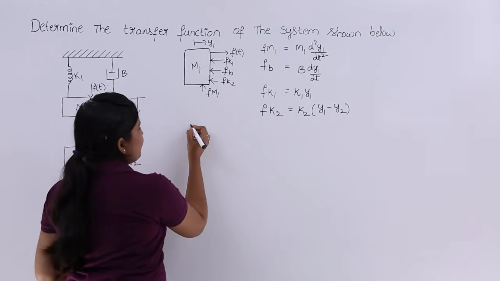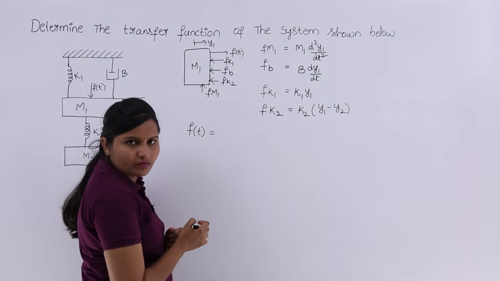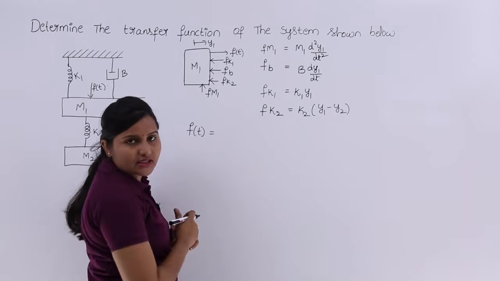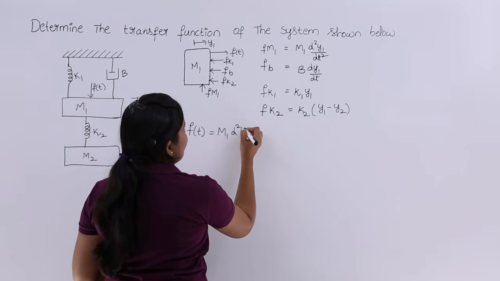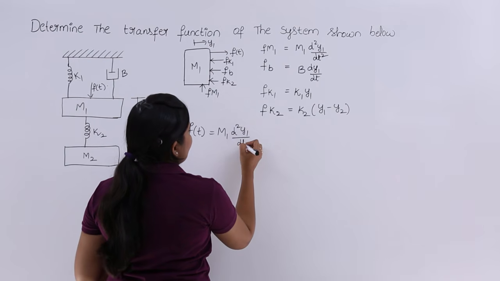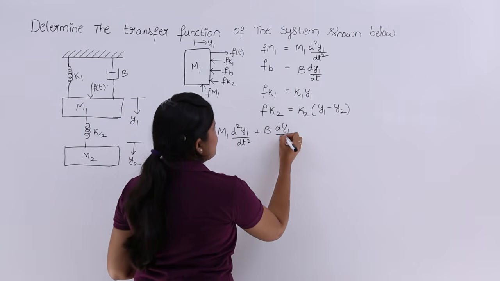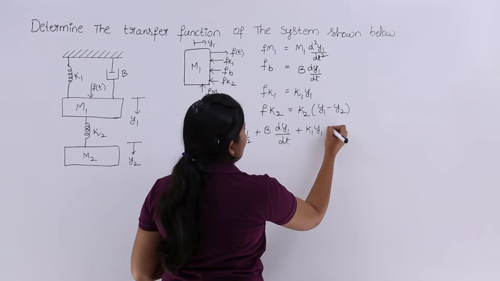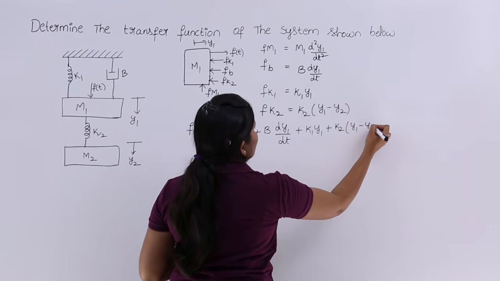So now f of t is equivalent to the addition of all these forces. That means m1 into d square y1 by dt square plus b into dy1 by dt plus k1 into y1 plus k2 into y1 minus y2.